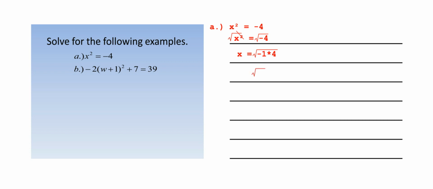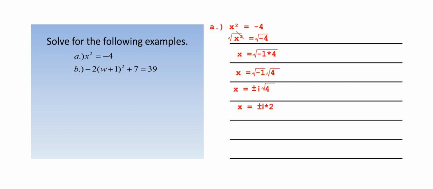How about if we split this up into two individual radicals? So the square root of -1 times the square root of 4. The square root of -1 by definition is i. And the square root of 4, well, what is the square root of 4, by the way? What number times itself gives us 4? 2, right? Let's remember to put our plus or minus, since we are talking about a square root. So technically in our end value, we need a plus or minus, or even in the previous steps, we could have had a plus or minus all throughout.